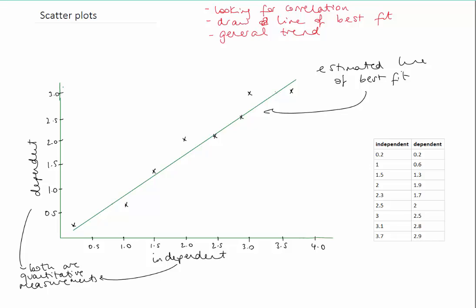And what do I mean by interpolate? That means that we're looking at points within our data set. So for instance, imagine that I have an x value of 3.5 and I want to predict roughly what the y value is going to be for that. So we could go up from 3.5 till we meet the line, and then across.